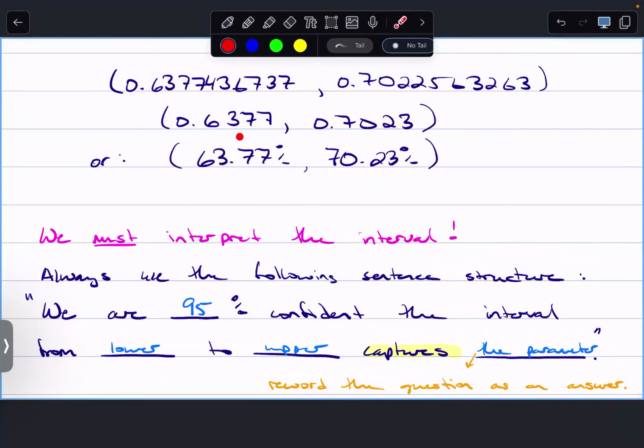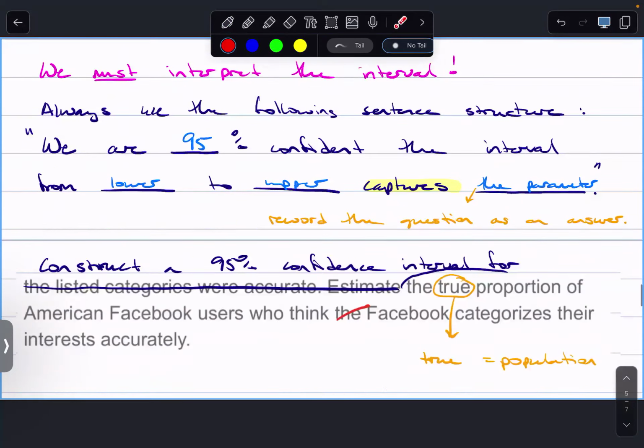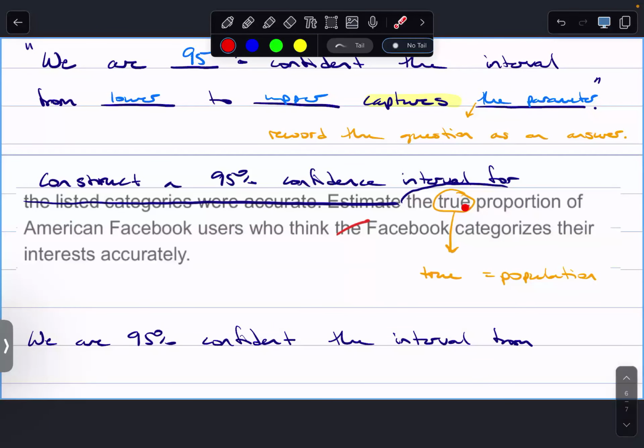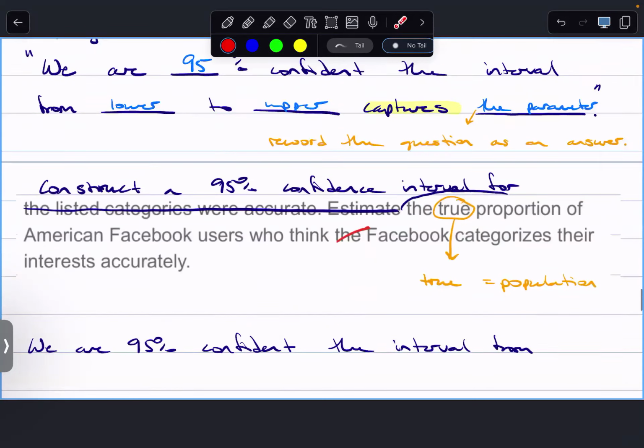It's totally fine to use either of these, but because I want to talk about the true proportion, I have to use the proportion version. If it said the true percentage, then I would use the percentage, right? Or you can change proportion to percentage, but you'd have to remember to do that. Otherwise, it's not quite right.